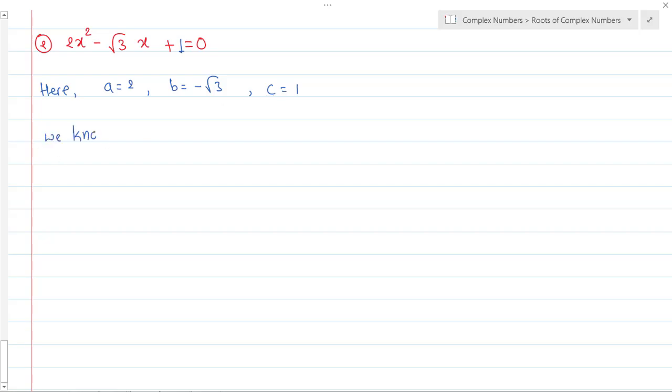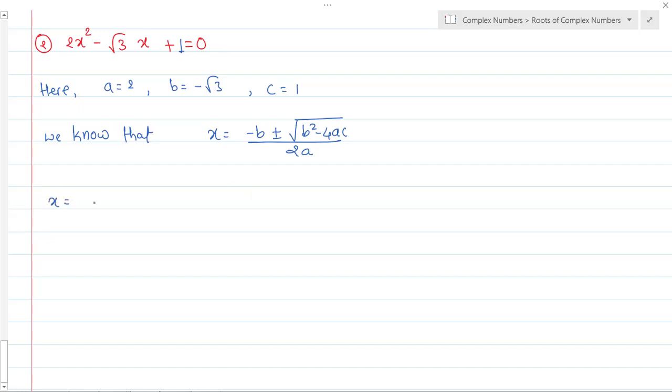Next step is what? We know that x is equals to minus b plus or minus root of b square minus 4ac upon 2a. So this is what the value of x is. So let's substitute here.